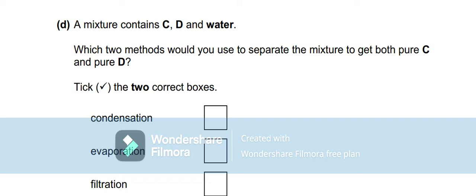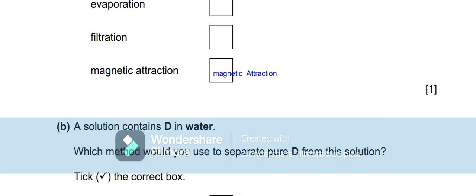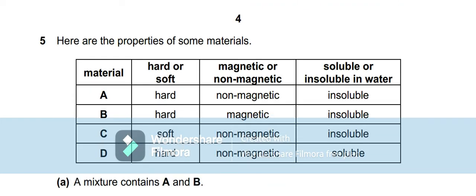Okay, so let's go back to the properties table, which is showing us information about these properties. So we go there and look for C and D and the properties of C and D. Right, so here we are.